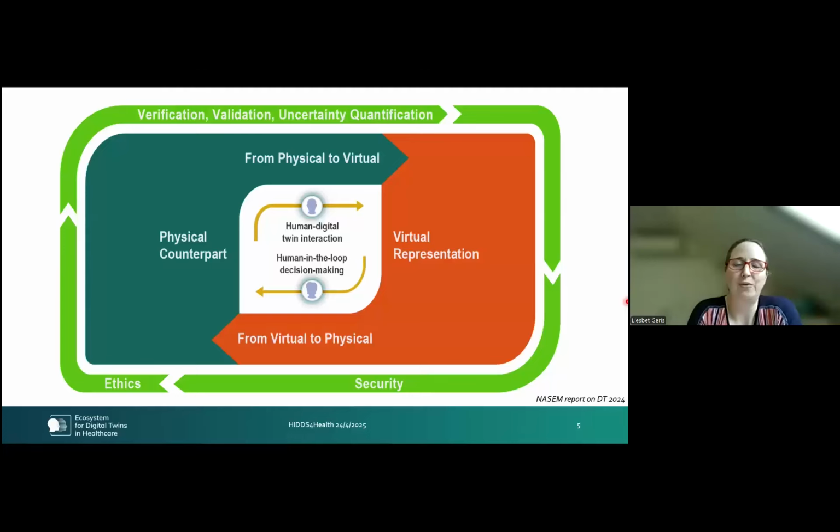So they said that for other applications as well, but especially in health and care, this interaction can happen through human-in-the-loop decision-making. So that means that a doctor takes a decision on an action based on a digital twin, and that is also the feedback from the virtual to the physical counterpart, for instance.